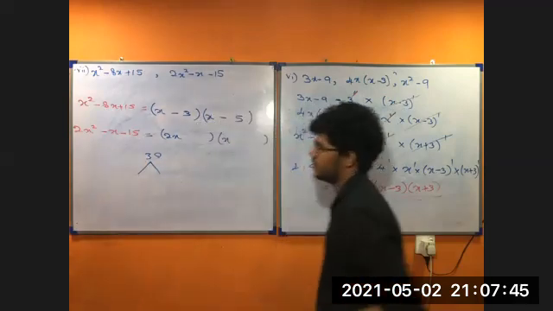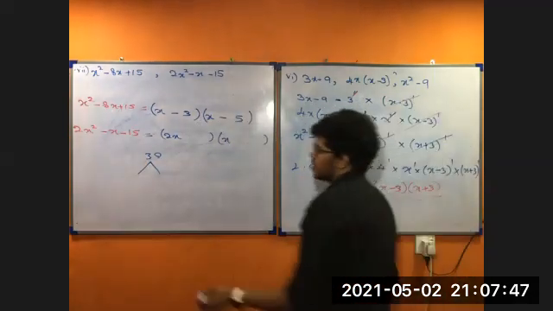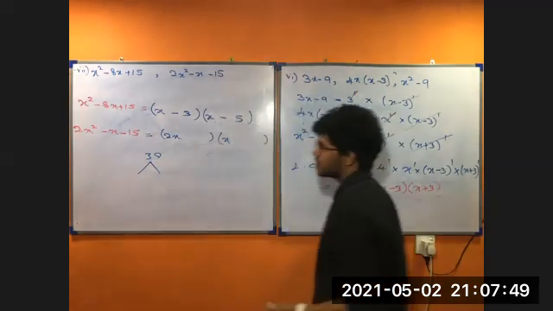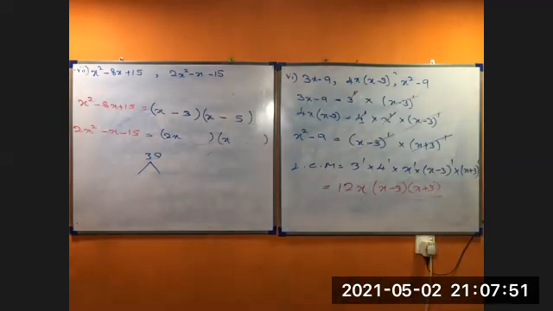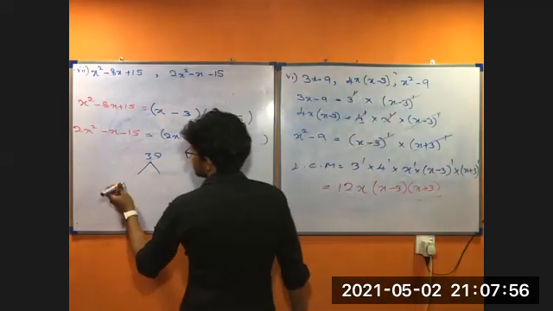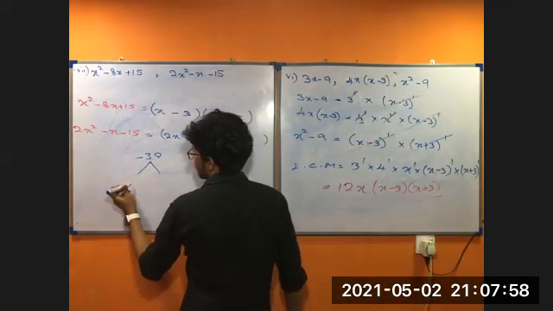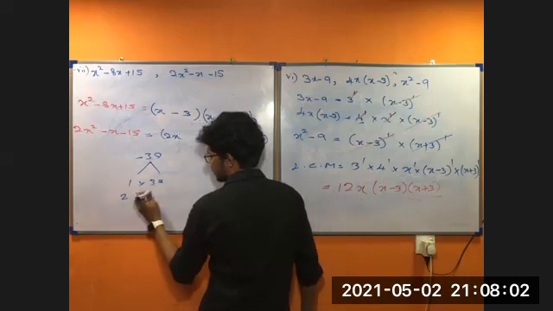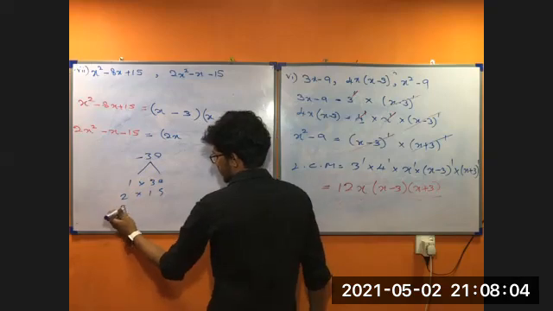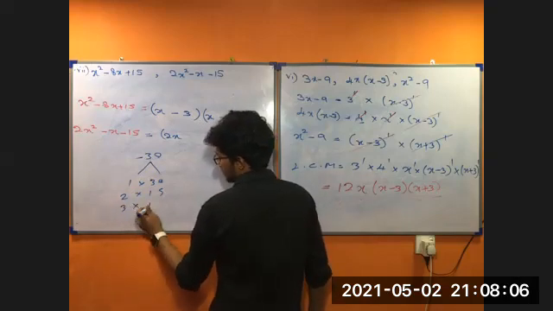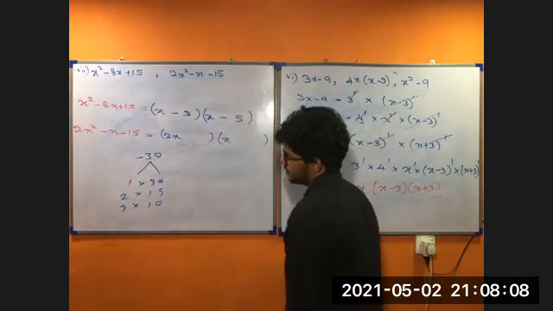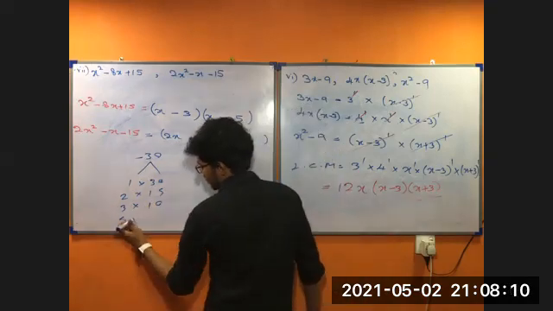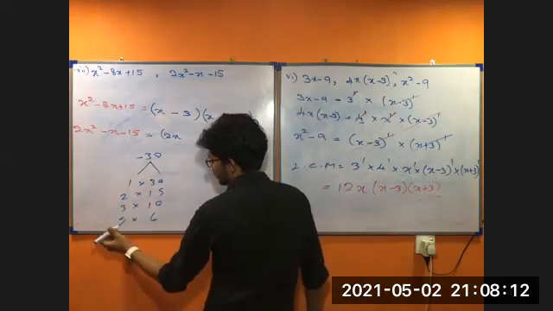How to make 30? 1 times 30, no. 2 times 15, no. 3 times 10, no. 4, 5. 5 times 6.